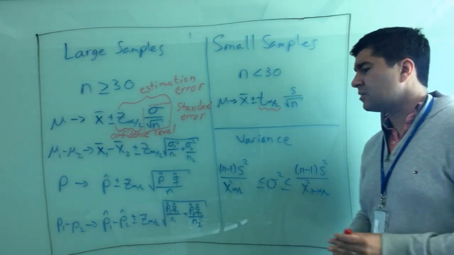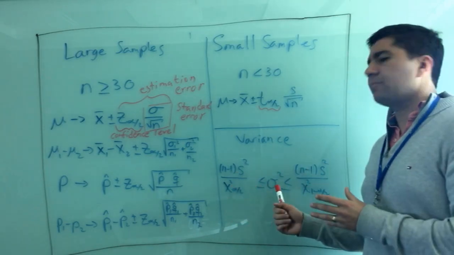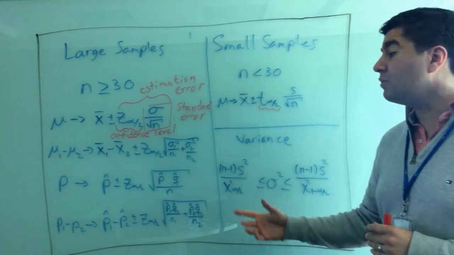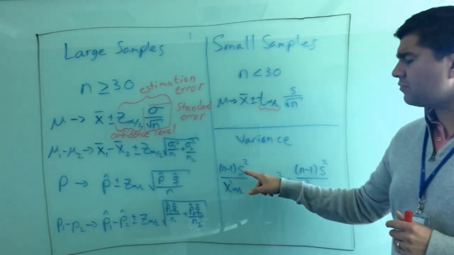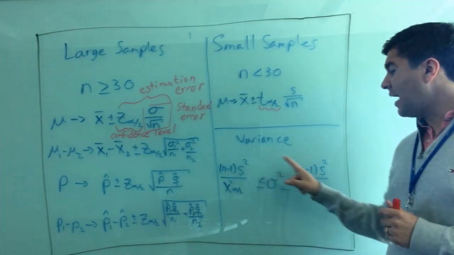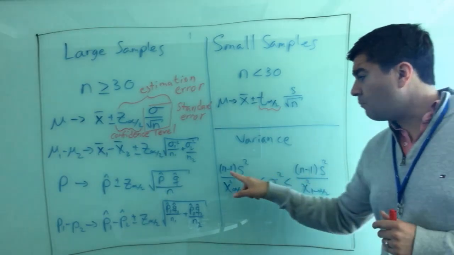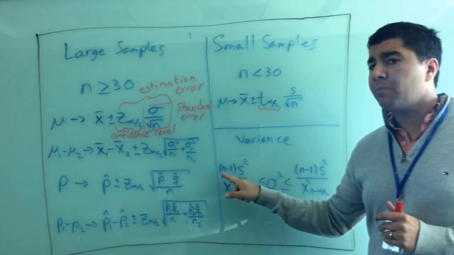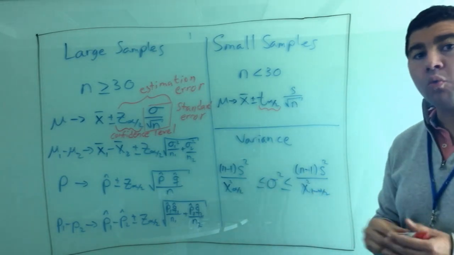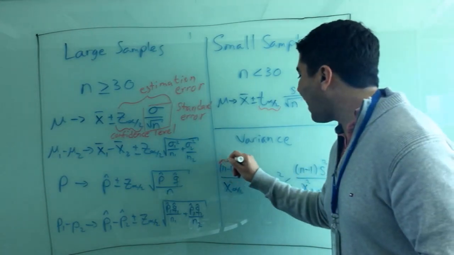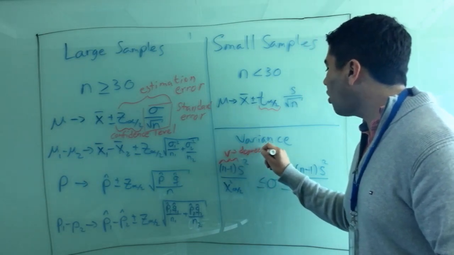The estimator of the parameter is the sample variance, denoted by S squared. Look carefully how this S squared is in here and also at the final part of the confidence interval. In both cases, it is multiplied by n minus 1. This n minus 1 is also known as V, the degrees of freedom.